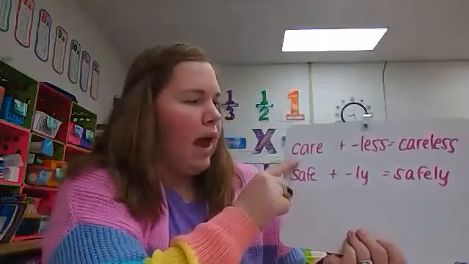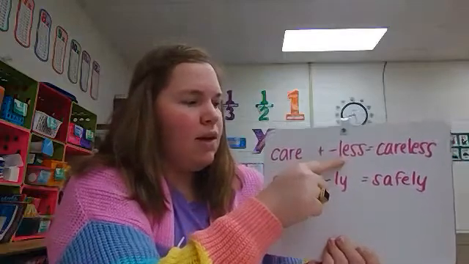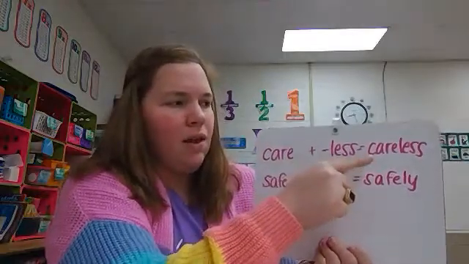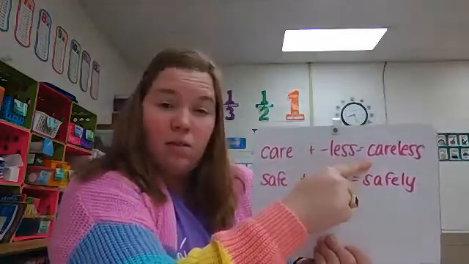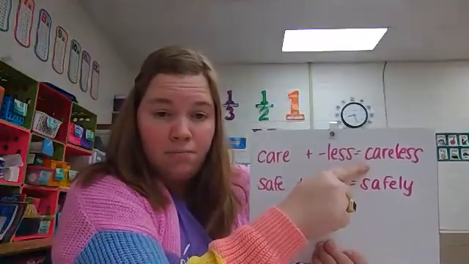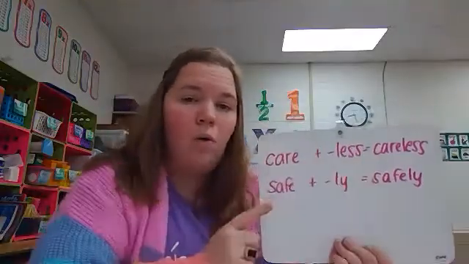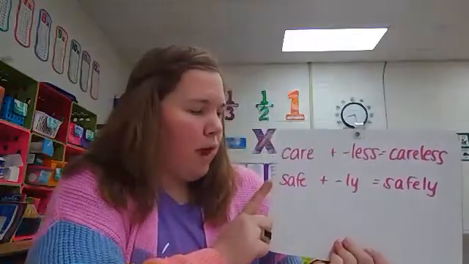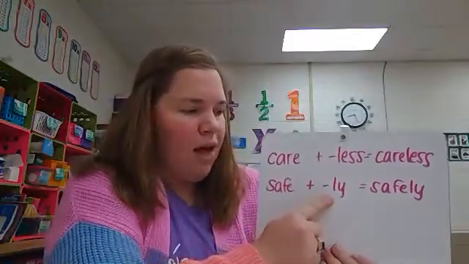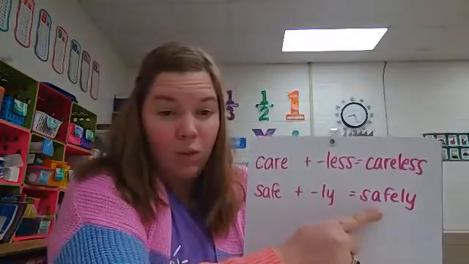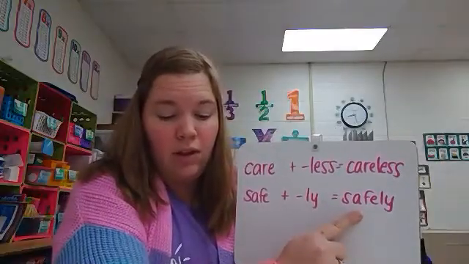So when we put care plus less, we get careless. Did we lose any letters? No. Let's look at the second example. We have safe plus ly equals safely. Did we lose any letters?